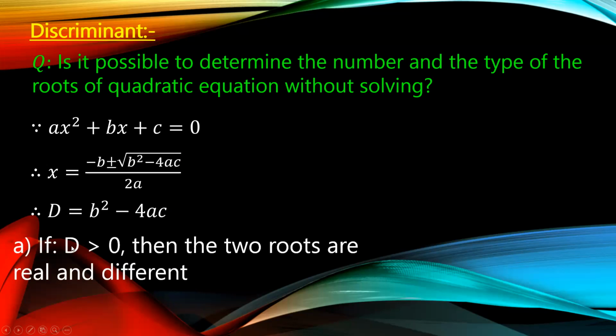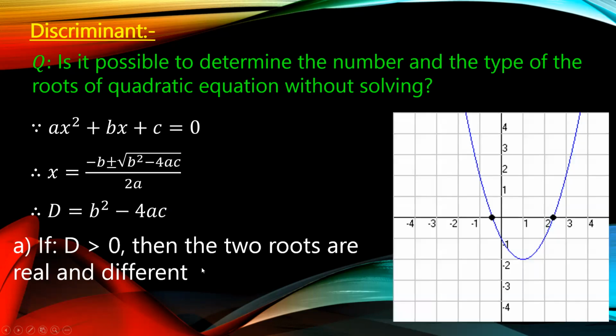If the discriminant is more than 0, then the two roots are real and different. I have three types of the two roots. The first one: if the discriminant is more than 0, then the two roots are real and different. How?